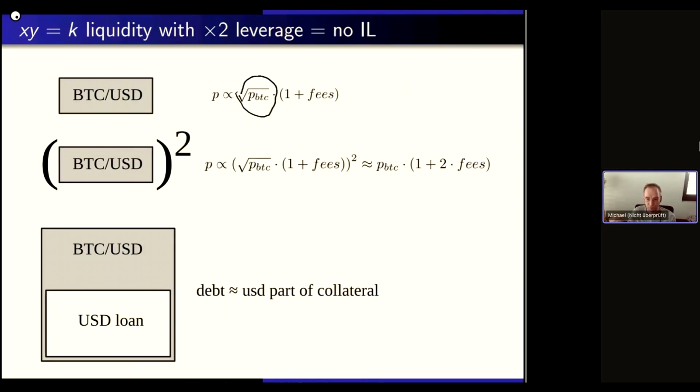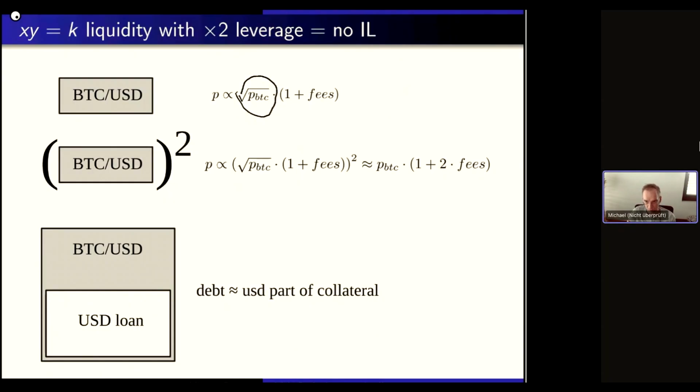So in normal leverage, you borrow against some asset and keep the loan size constant. So you get the growth, but you kind of bring less capital than your collateral is. Here we would always change the loan size. So imagine you create this position. You bring some BTC USD liquidity, right?